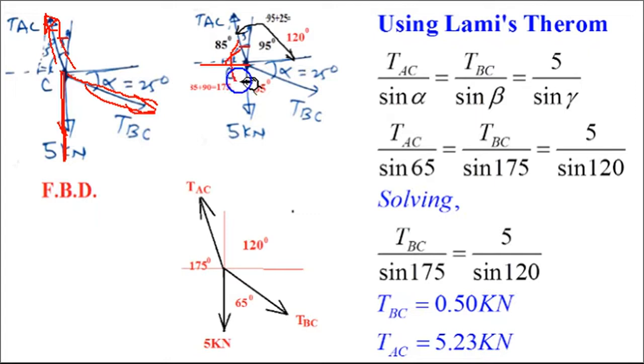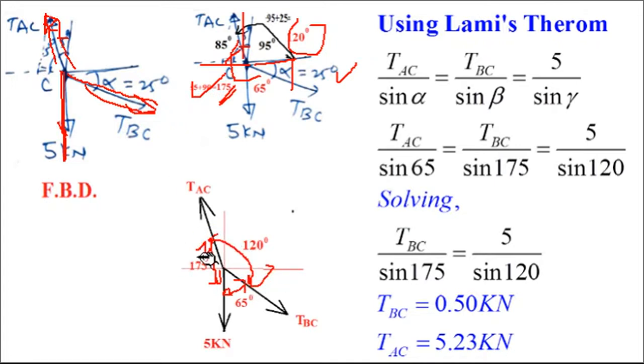So this 85 plus this 90, you will get 175 degrees. And this one is 25 plus 90 plus 5, because this is with vertical. 90 plus 5 is 95, 95 plus 25, this angle will be 120 degrees. So this one is 120 degrees, this is 175. 360 minus these two angles, 120 and 175, will give the angle made by these two forces, that will be 65 degrees.